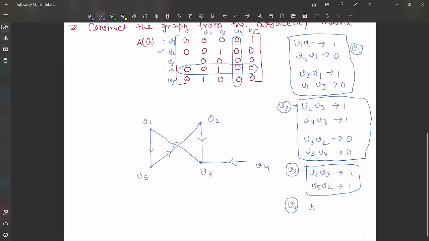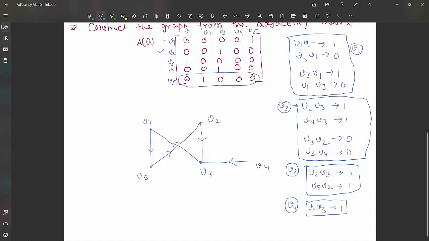So corresponding to V4, V3 there is 1 and all others are 0. So just take it V4 to V3. That means V3 is connected to V4, it is already connected, and the direction is from V4 to V3. So it is already done and verified. So it is also okay. So V4 is completed. After that we come to V5.